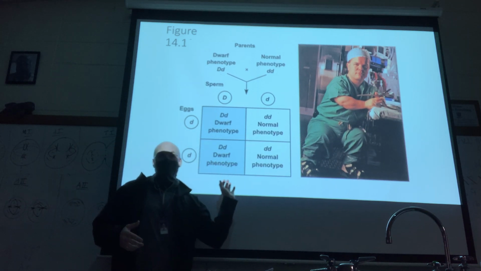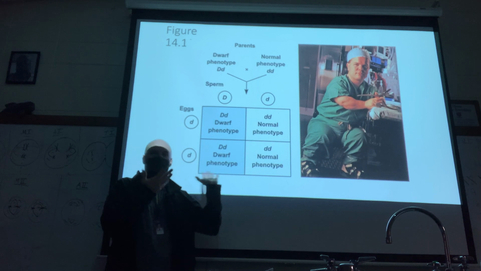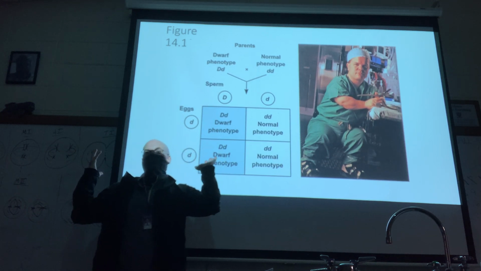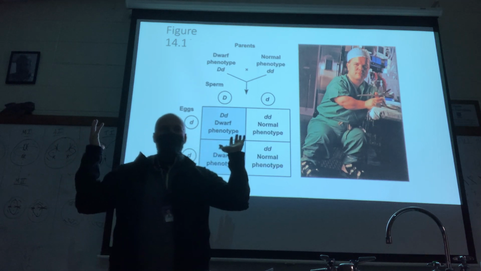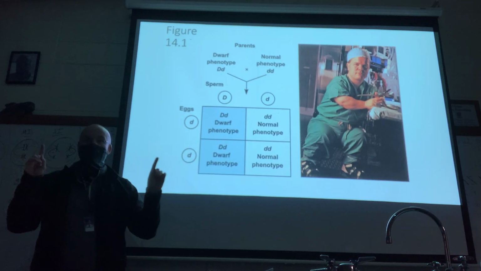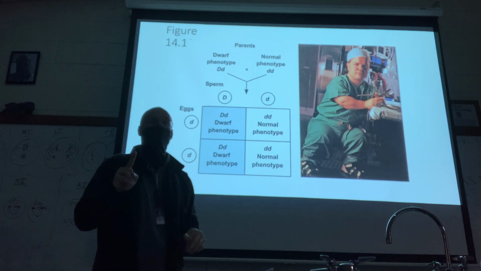I almost didn't put this slide up here because we already did all this. This is the exact same thing as purple flowers and white flowers in pea plants. Dominant recessive. But I decided to add it in for one reason.